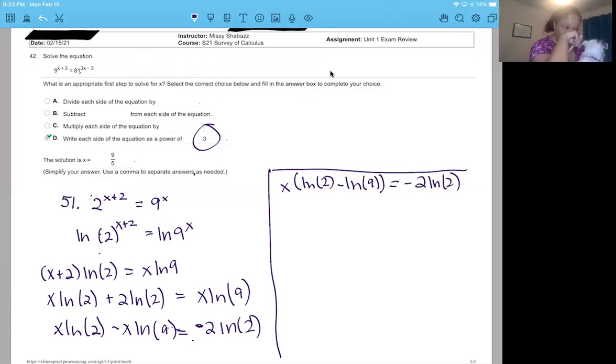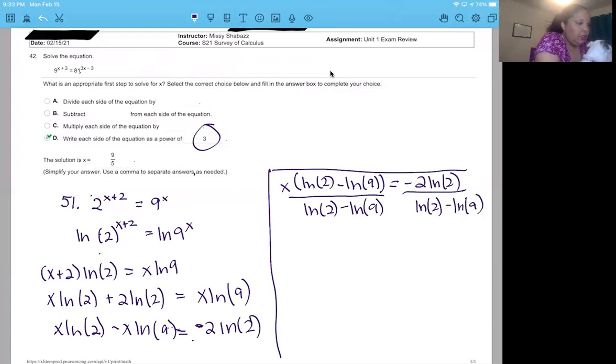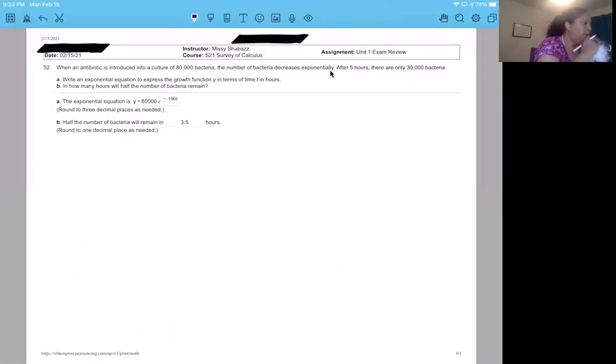All right, and then divide both sides by natural log of 2 minus natural log of 9. All right, so this is my solution. They wanted a decimal value, so you need to make sure that you round it to the correct decimal value that they ask you to. Next question, number 52.